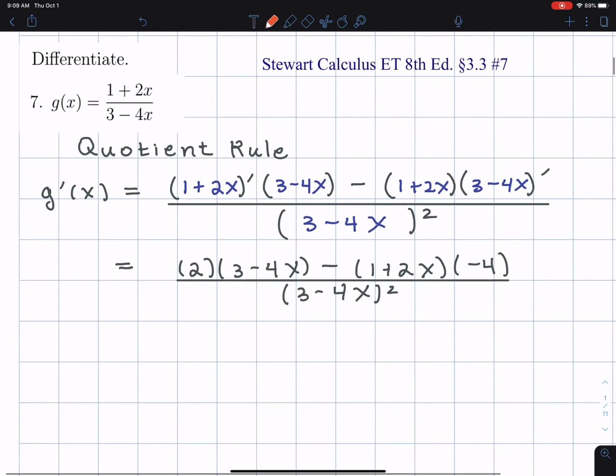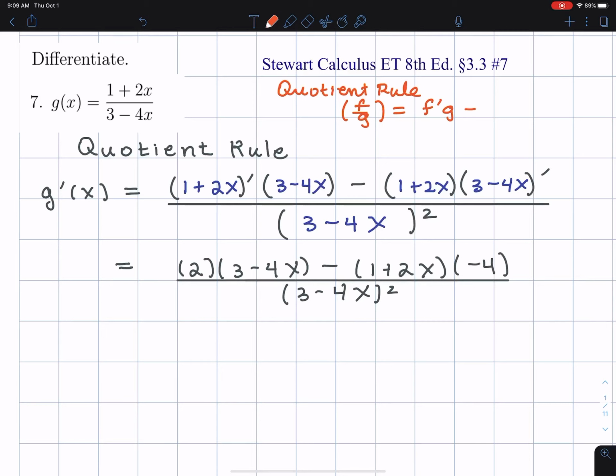I sort of feel it wouldn't have hurt if I had just written down what the quotient rule is. If I have f divided by g, the derivative is f prime g minus f g prime, all over g squared. That's the quotient rule.